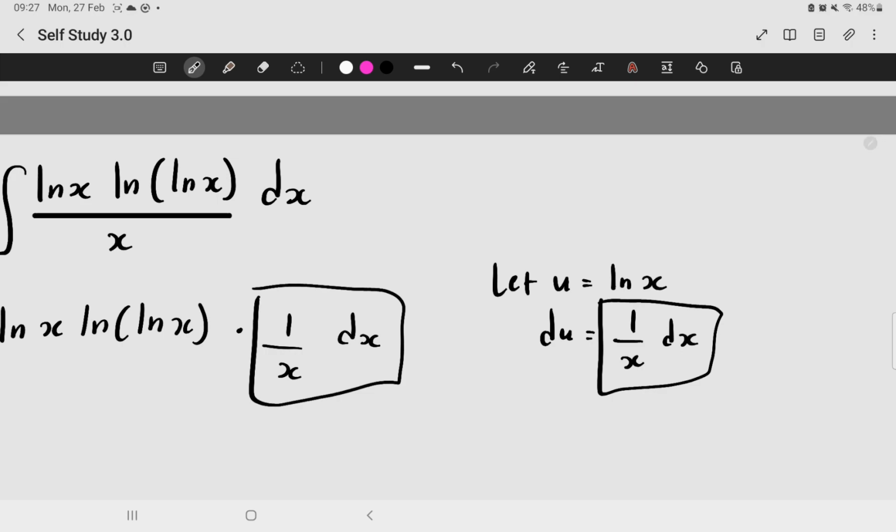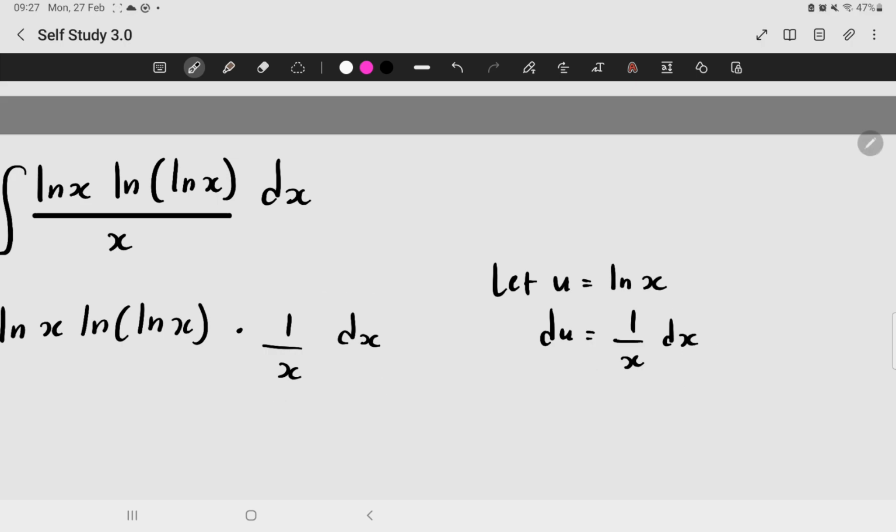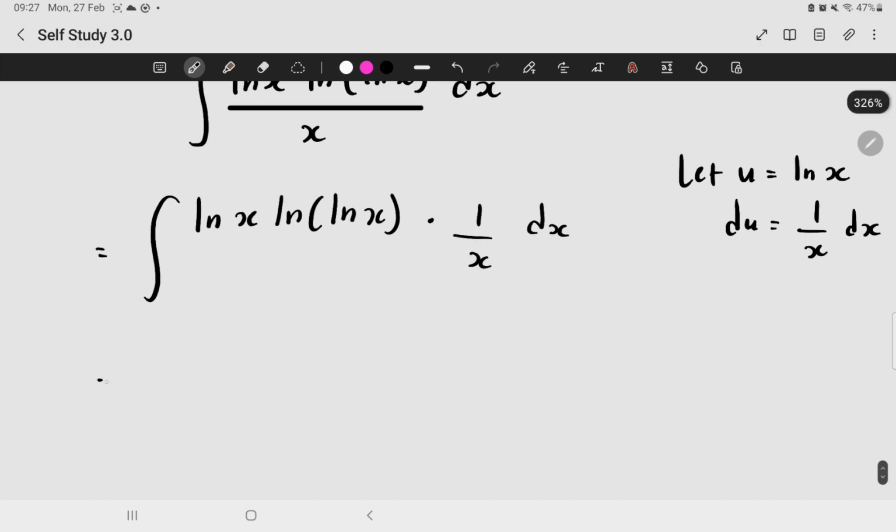Basically, it's a very simple question. So let us try it out. And all of our ln x terms will be replaced with u. So here will be we integrate u ln u du.